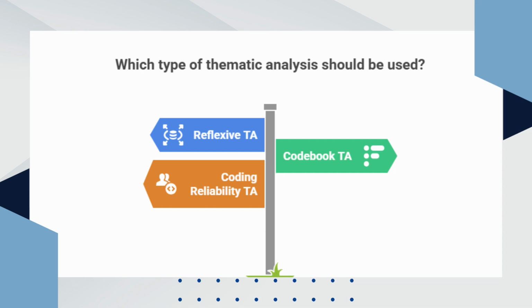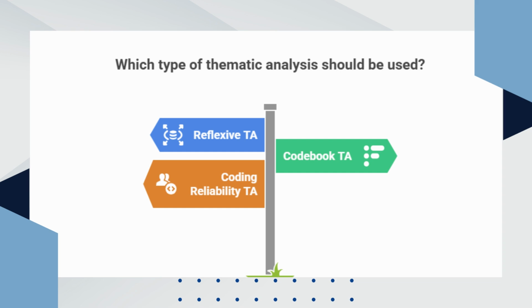Codebook thematic analysis is often employed in applied research, policy evaluations, healthcare, and organizational studies. So, codebook thematic analysis balances flexibility with structure. It allows some interpretation but within agreed boundaries.